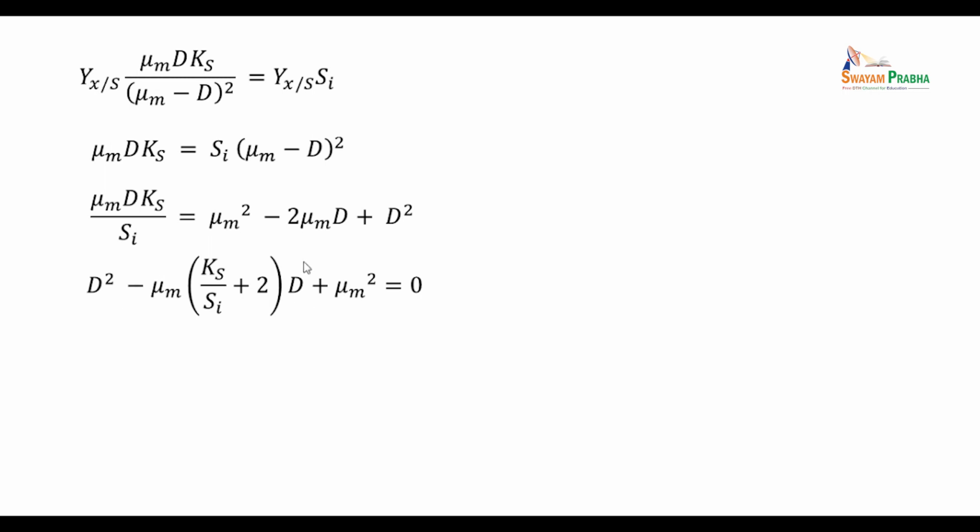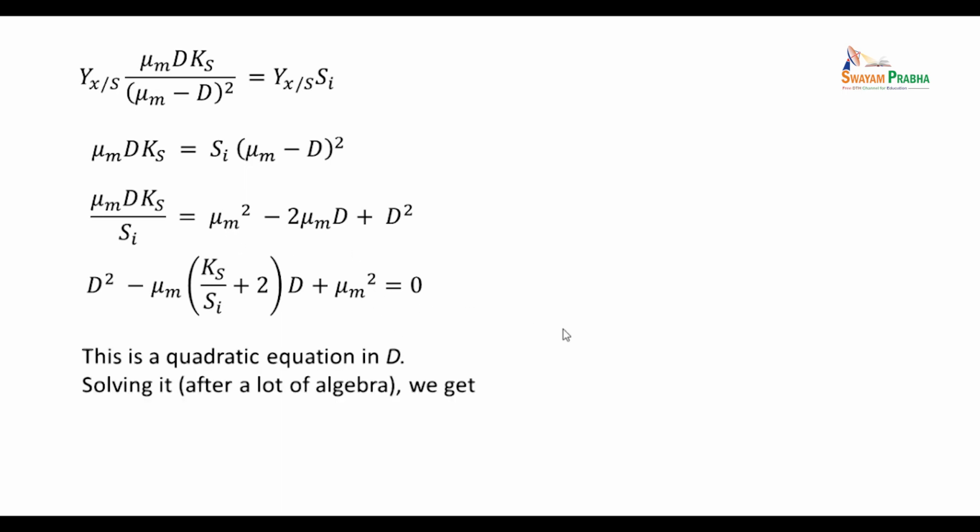I'm trying to write this in terms of an explicit quadratic expression in D. Therefore, D squared minus 2 mu m D minus Ks by Si, you have a minus here, so that takes care of it, plus mu m squared equals 0.